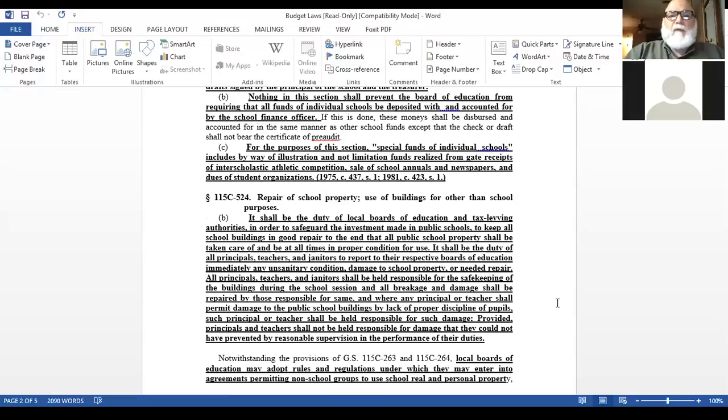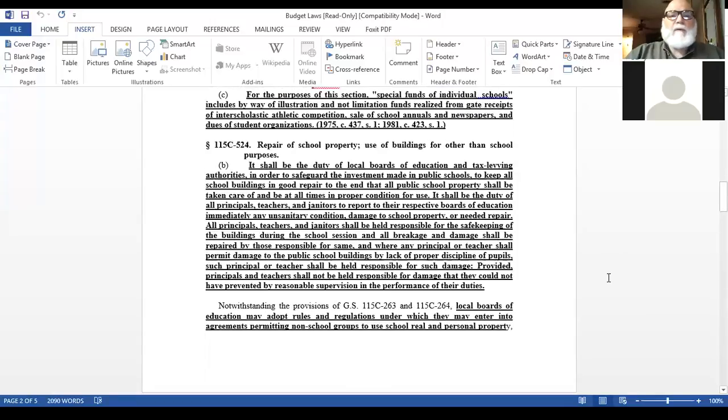Usually you have fundraisers to raise that money. So you generally have two accounts. All schools have two. Some have more because they have athletics and booster clubs. But you have your general account, and then you have your special fund of individual school accounts. Both of them require two signatures on those checks.